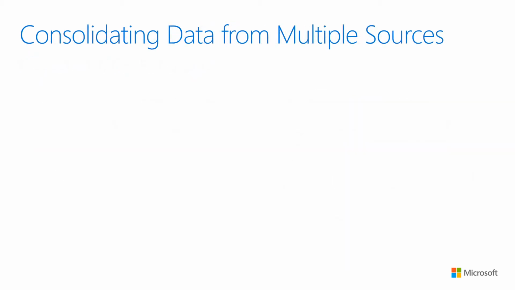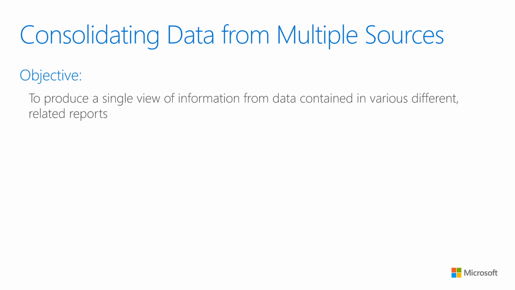So, having worked out how to get information from different groups in an organisation, the next challenge is how you consolidate data from those multiple sources. And our objective here is to produce a single view of information from potentially several different, but of course related, reports, which are probably delivered in an Excel spreadsheet format.